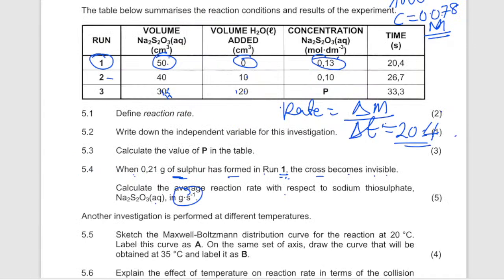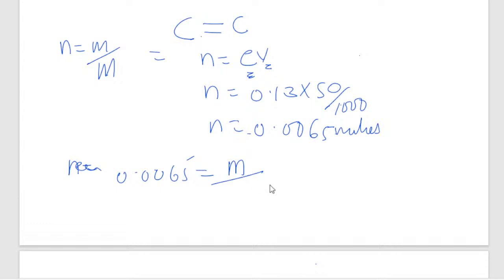In this case, you have to look at the molar mass of sodium thiosulfate. So sodium thiosulfate, this is 23 plus 32 times 2 plus 16.